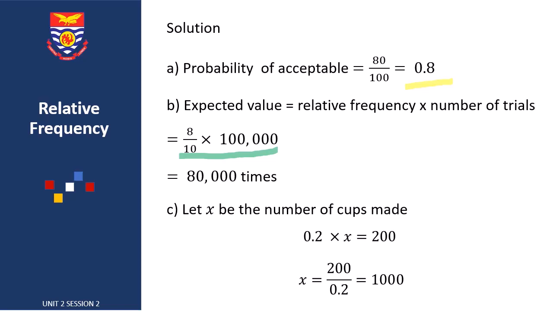For us to get that 200, let X represent the number of cups made. You know, the probability of unacceptable cups is 0.2.